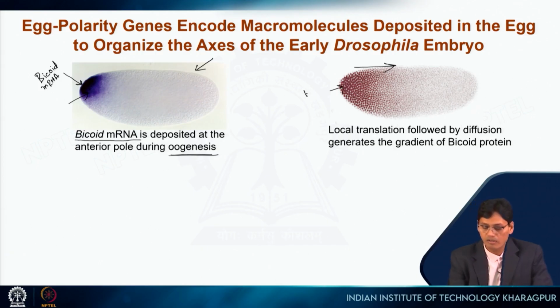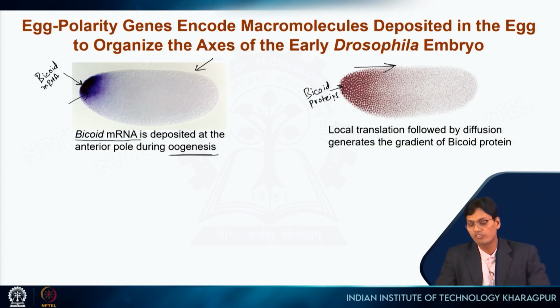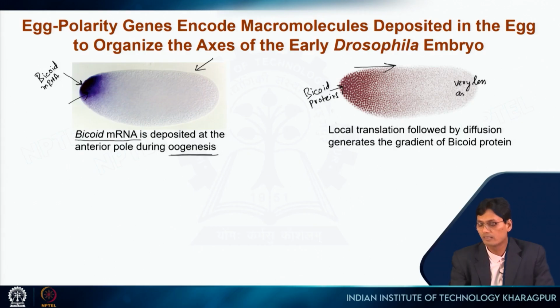These are bicoid protein molecules. This local translation followed by diffusion generates the gradient of bicoid protein. As a result, here you have very little bicoid protein.